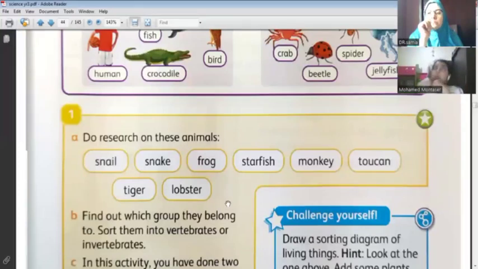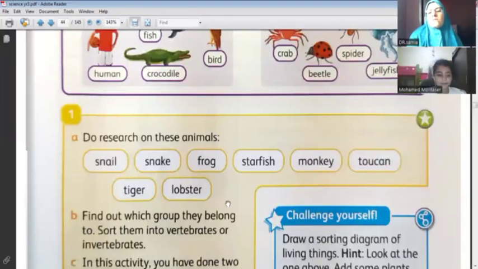Observe over time, identify and classify, research, fair test, and pattern seeking.